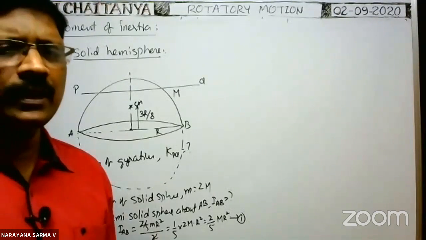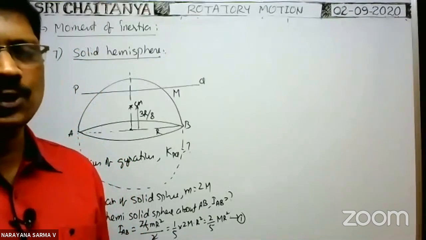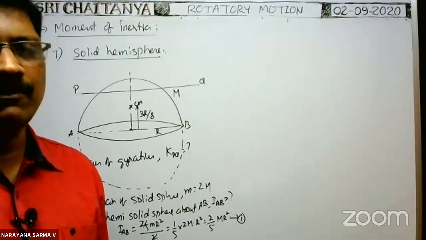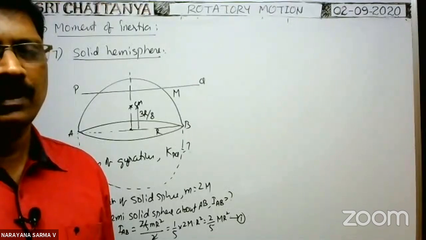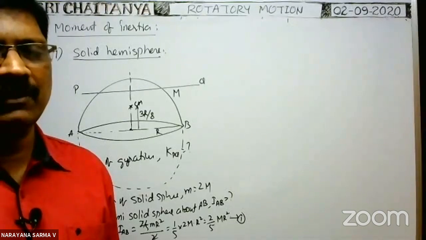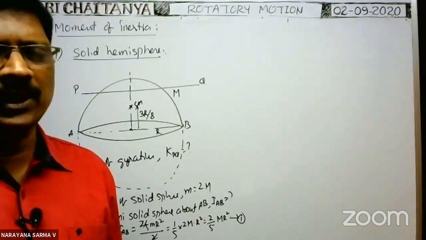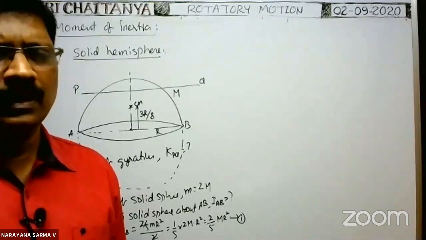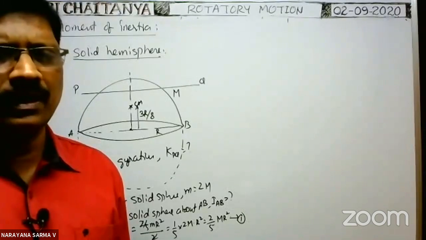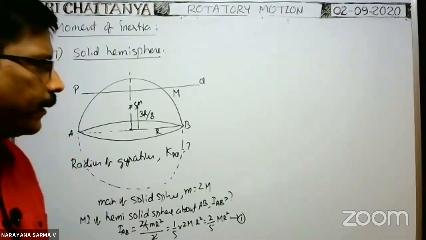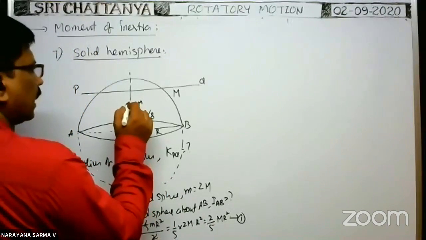In the case of a hollow sphere, where does the center of mass lie from the center? That is r/2. So here it is 3r/8.